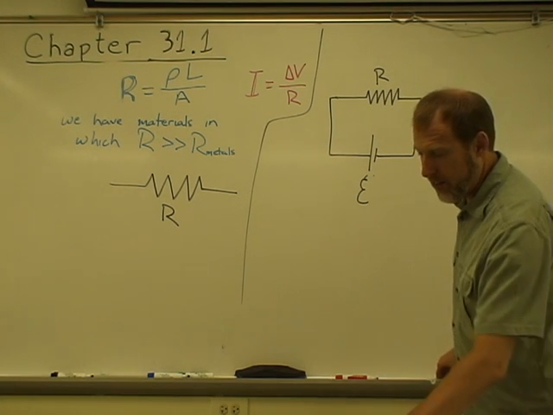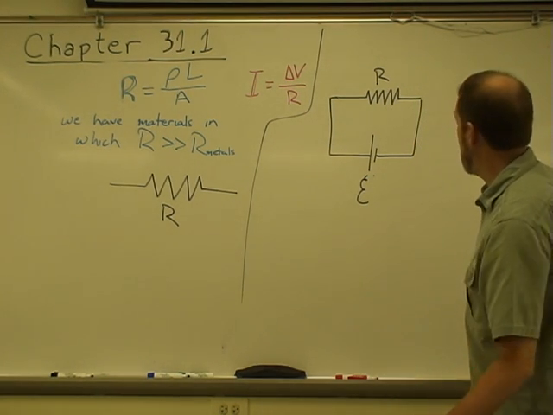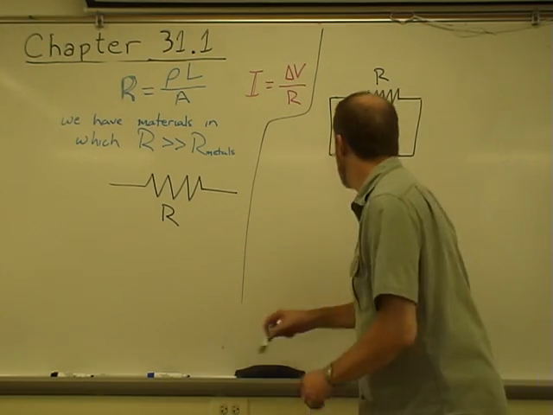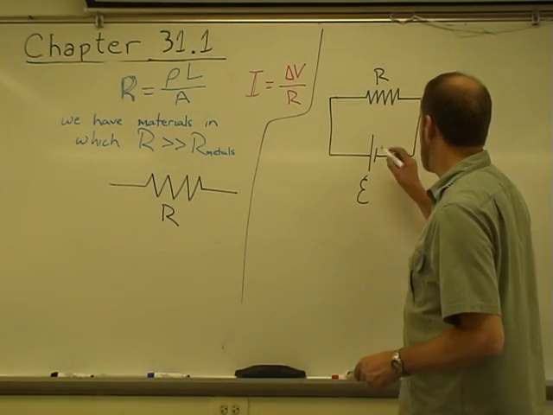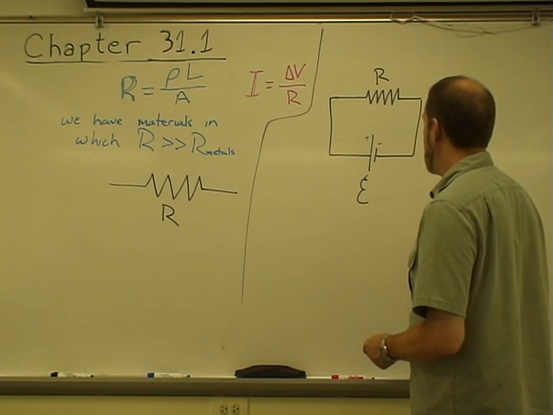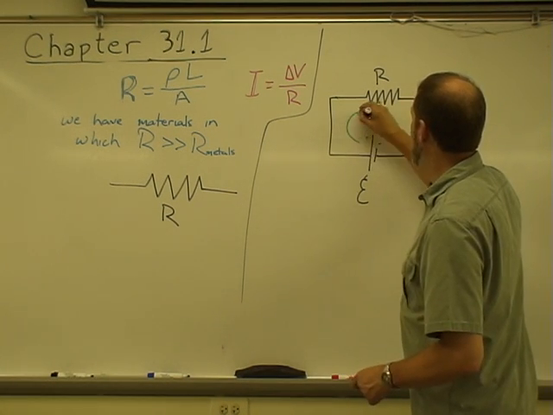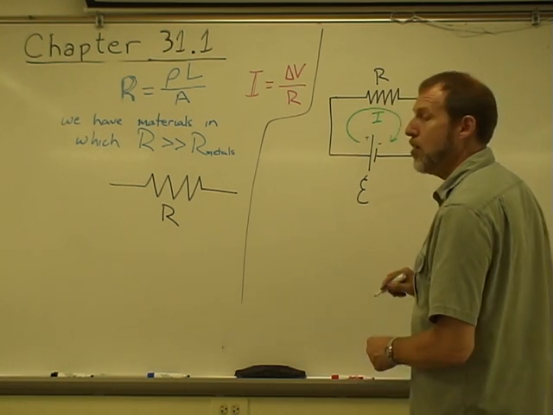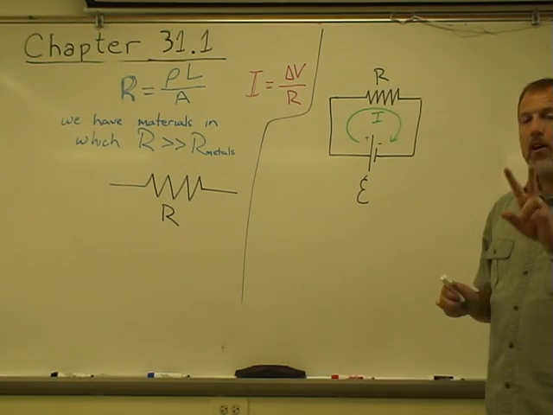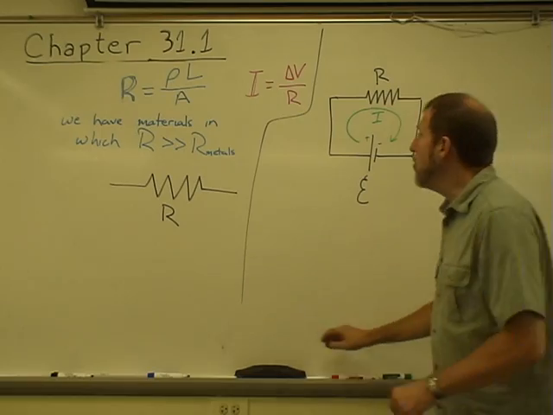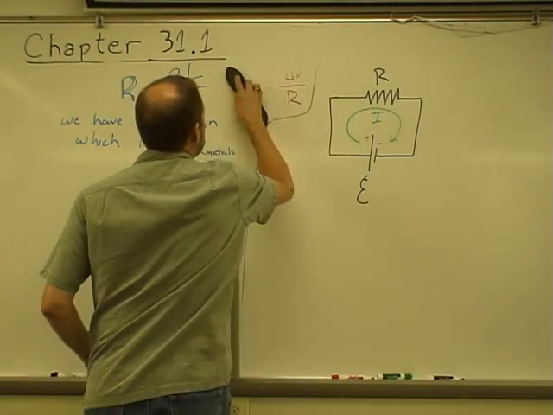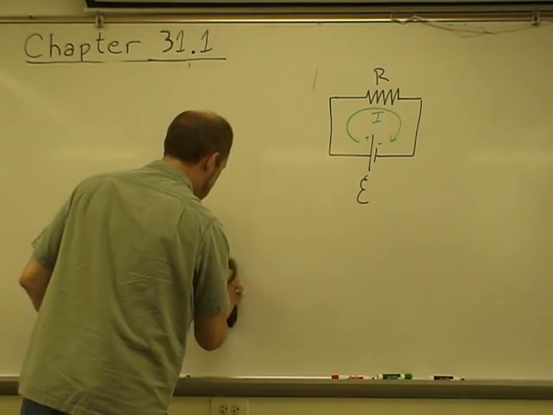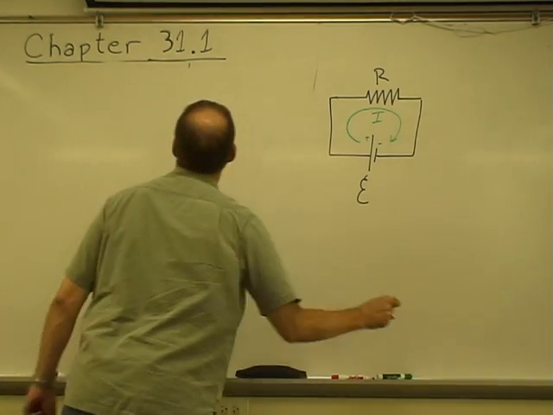In the analysis of circuits, this will drive a current, since this is defined as the positive side and the negative side. This will drive a current from positive to negative through the circuit. We have two rules that are going to help us in these analyses.